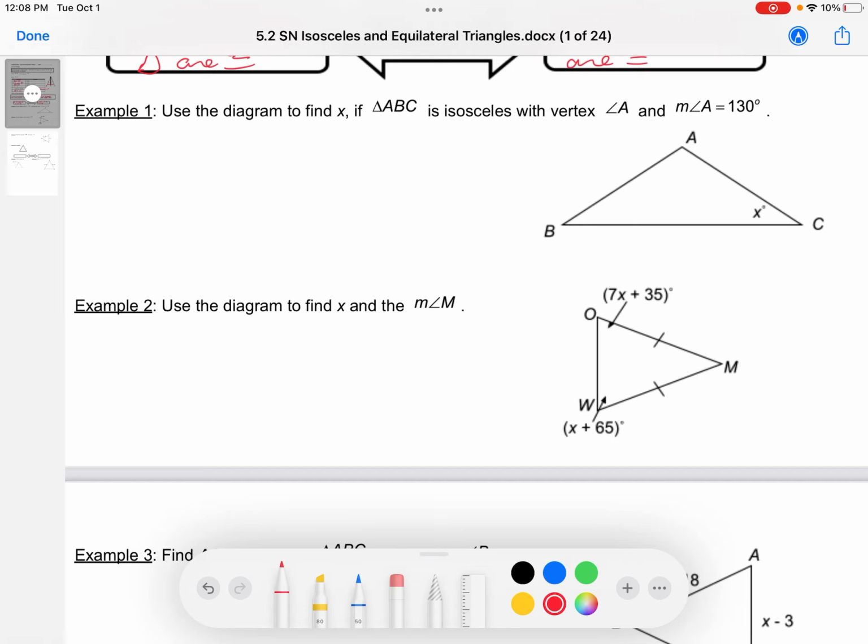It says use the diagram for the triangle ABC. It's isosceles. So this is my vertex, which means these two angles are the same.